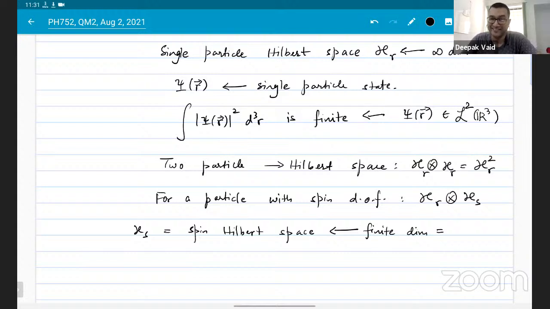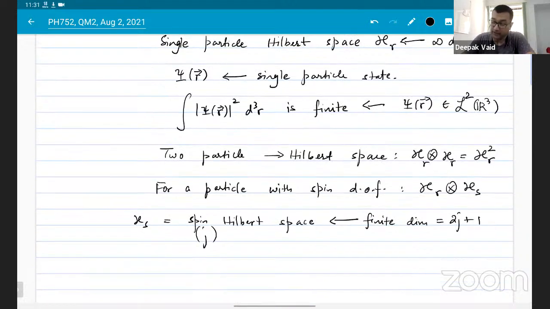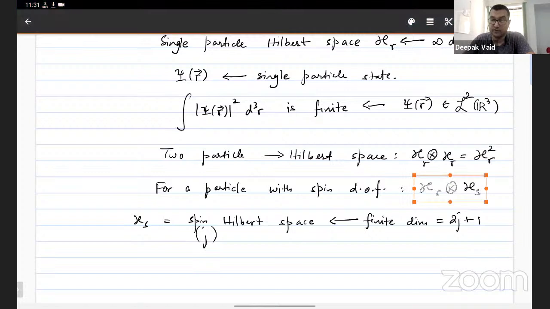So this is a spin J particle. The Hilbert space dimensionality is 2J plus 1, right? It's finite. And then when you take this tensor product, this will again be infinite.